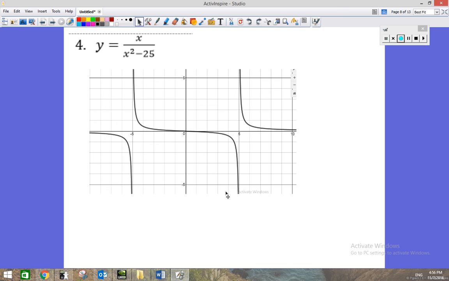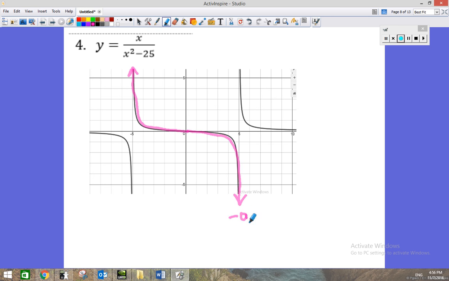So even though this is a pretty complicated graph, I can get away with focusing my attention on the middle part. That's going up here, and it's coming down, and it's going through the origin, so it has a y value of 0, and it's continuing to go all the way down.